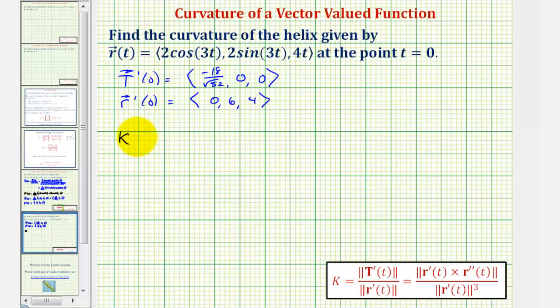The curvature at t equals 0, again, is equal to the magnitude of T prime of 0 divided by the magnitude of r prime of 0.